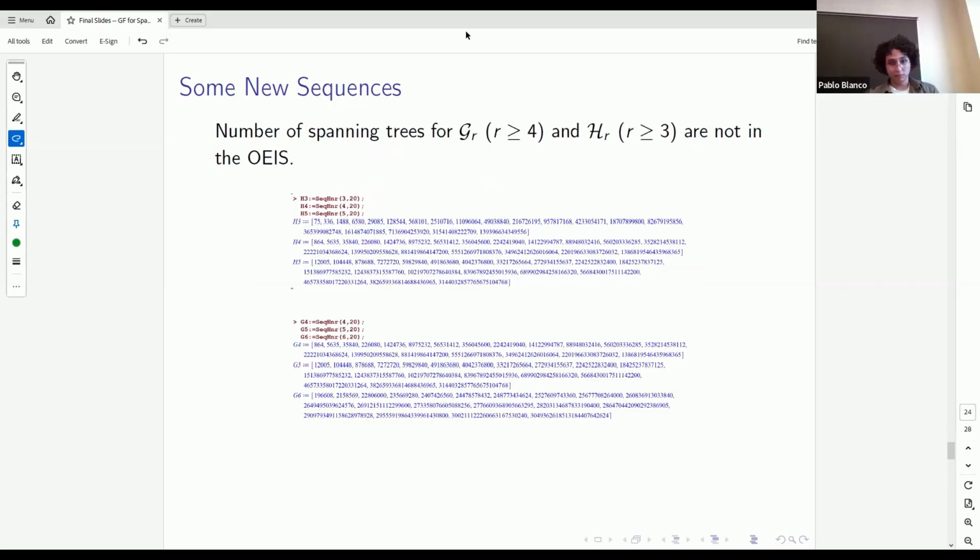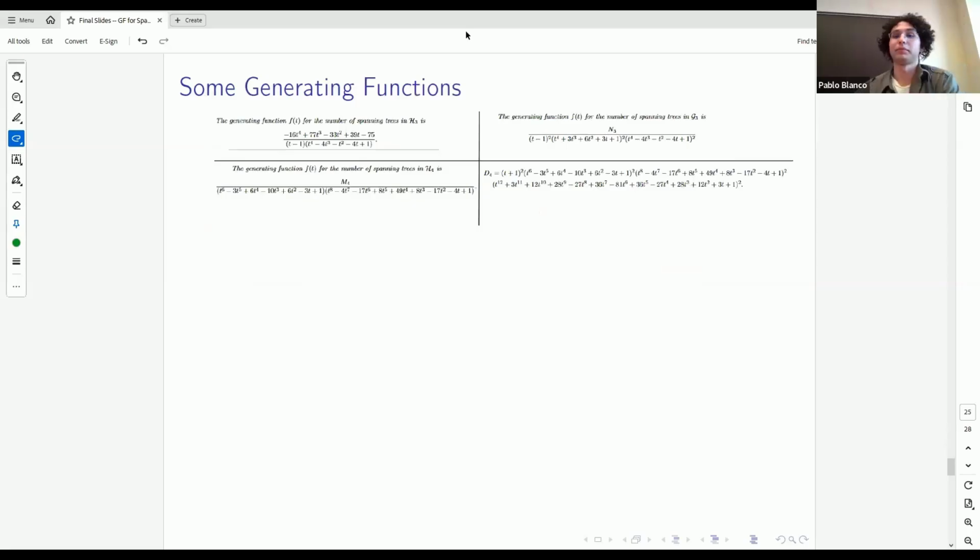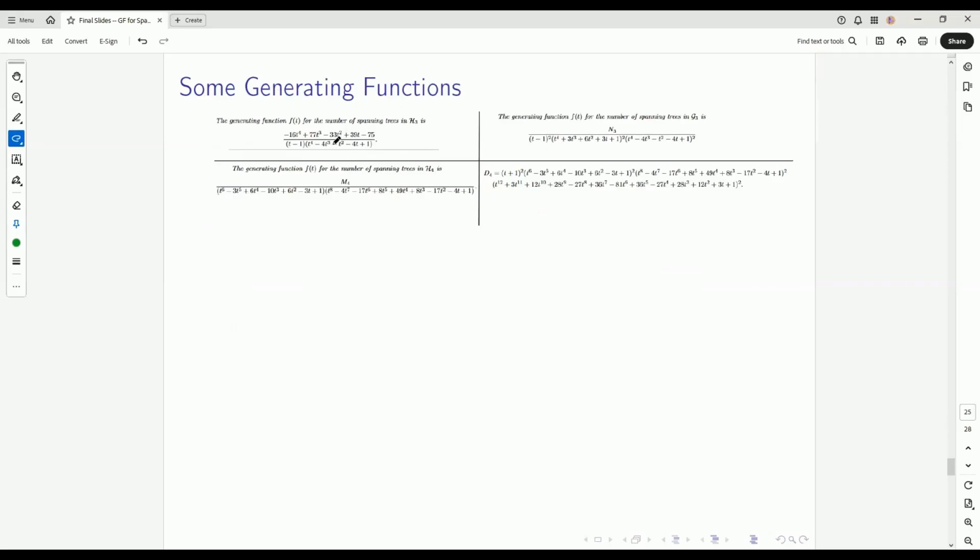And we came up with some new sequences for the OEIS for counting. Here's some sequences to be added, and some generating functions. There are a few interesting things about these generating functions, actually. Those are very hard to see.